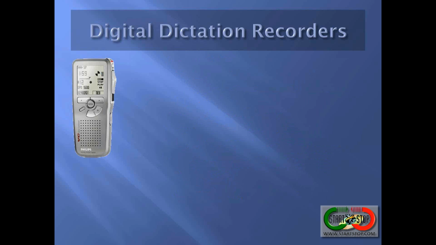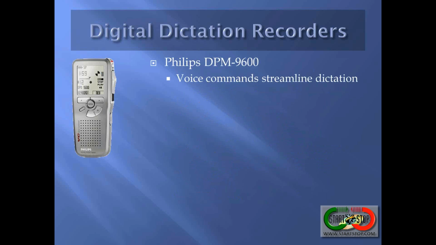The next recorder would be the Philips DPM 9600, and we're going to see that on this one, the voice commands can streamline your dictation, the ability to use some voice commands to control the unit. One-handed slide switch operation, which is true of any of the slide switches. They all make it easy to operate things with one hand.